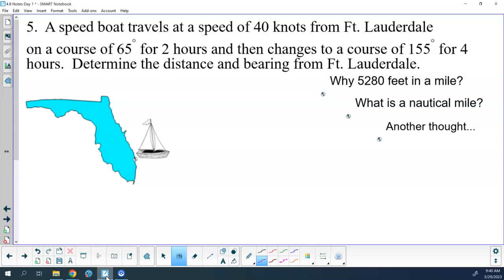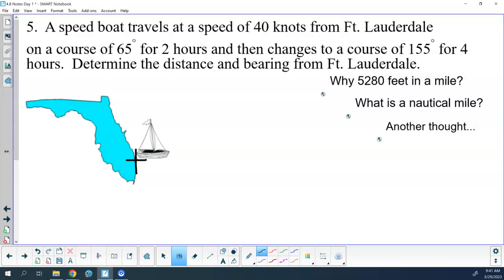Sailors used it because it used to be that was the only form of transportation in the world. Okay? So a speedboat travels at a speed of 40 knots from Fort Lauderdale, on a course of 65 degrees. So what I would do then is put a little crosshairs at Fort Lauderdale.